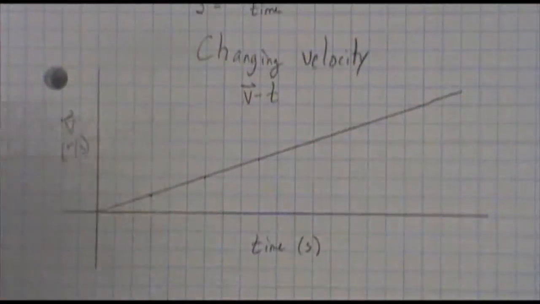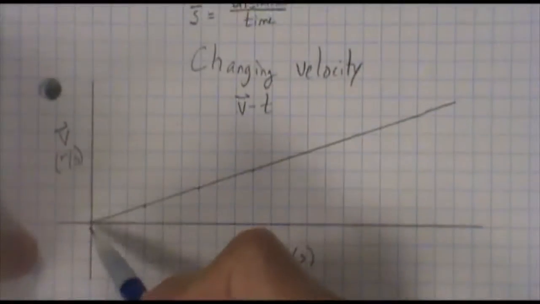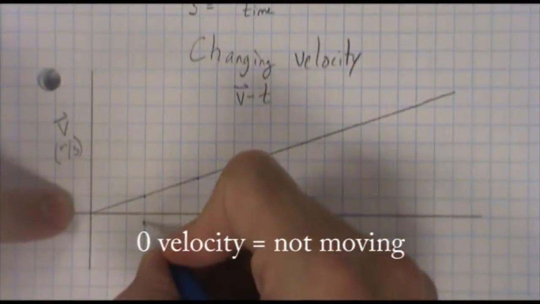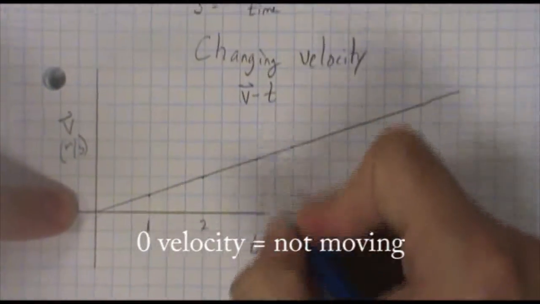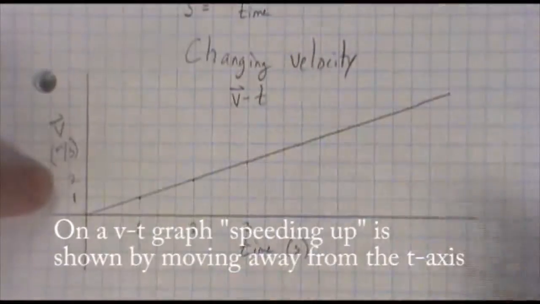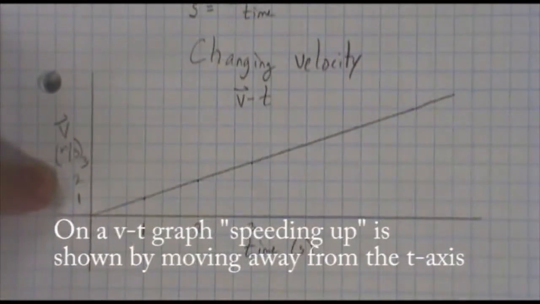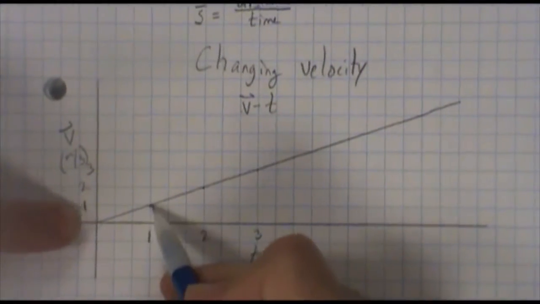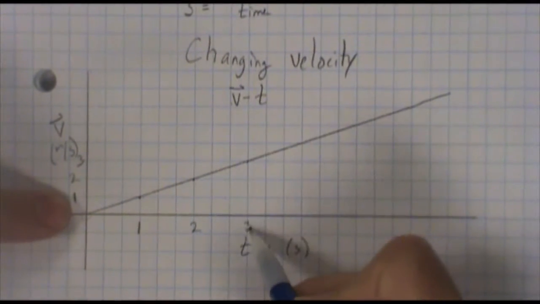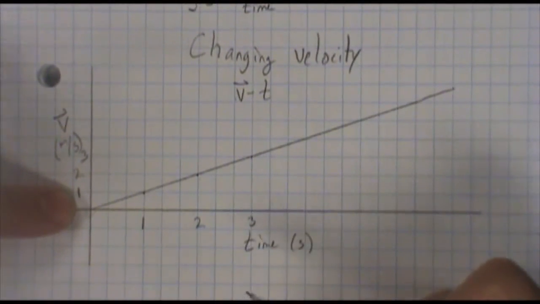So we're going to take a very simple example. The object begins stationary and it speeds up in a uniform way so that it looks like this. So we know that at 1 second it's moving at 1 meter per second. At 2 seconds it's going 2 meters per second. At 3 seconds it's going 3 meters per second.